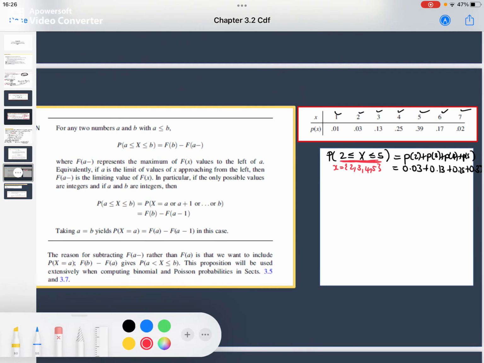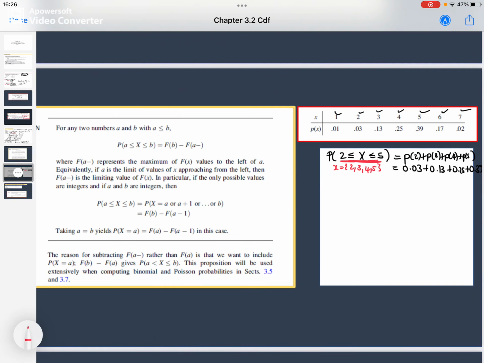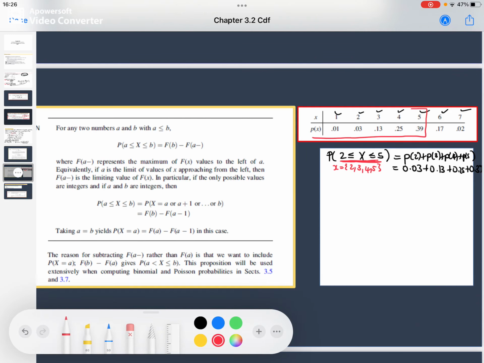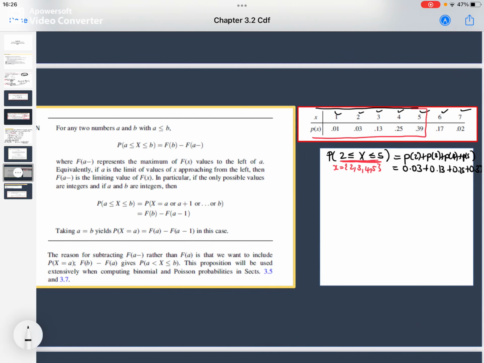Otherwise, we can calculate this probability using a CDF if we have one. In this case, we do not have a CDF, but if we did, it would be the cumulative probability, everything to the left of the possible value x equal to 5, so the probability of x less than or equal to 5.